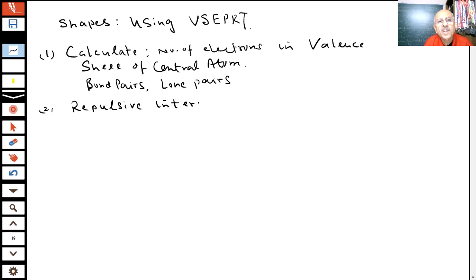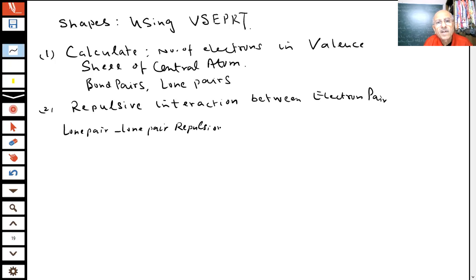Repulsive interaction between electron pairs will take place, and we should know that lone pair repulsion will be greater than lone pair-bond pair repulsion, and this will be greater than bond pair repulsion.